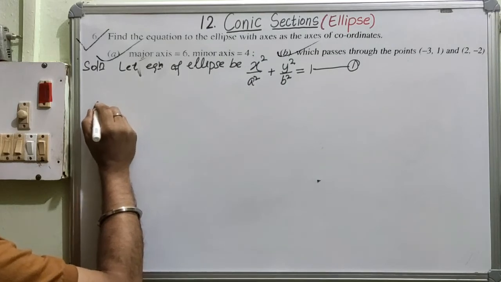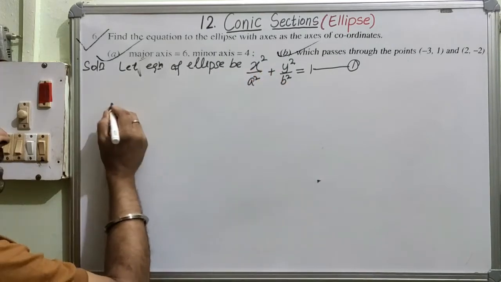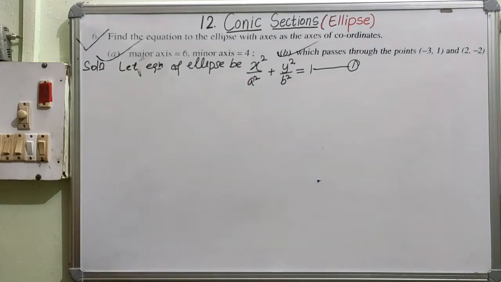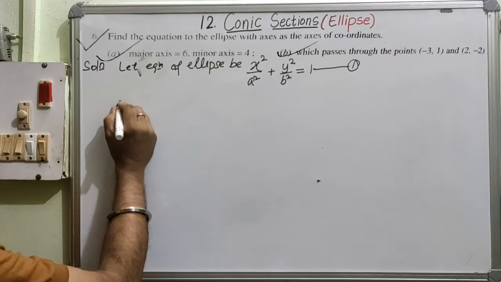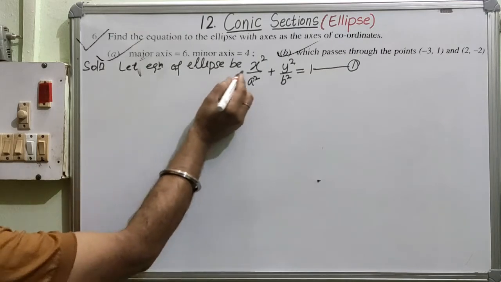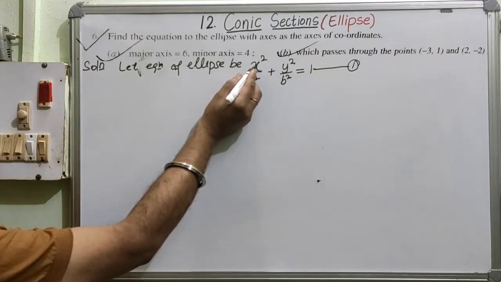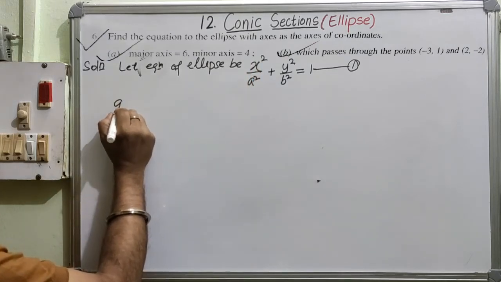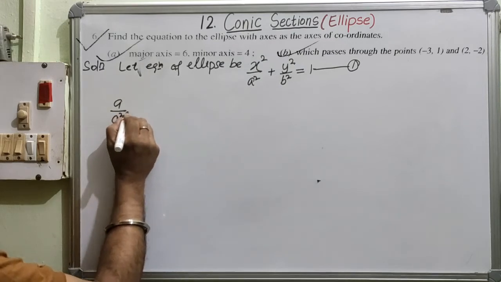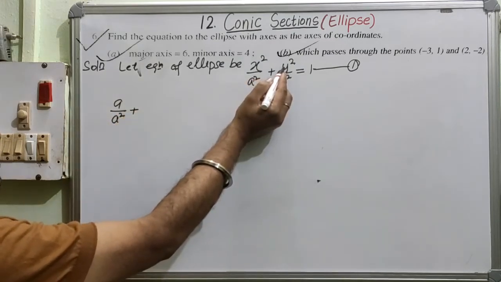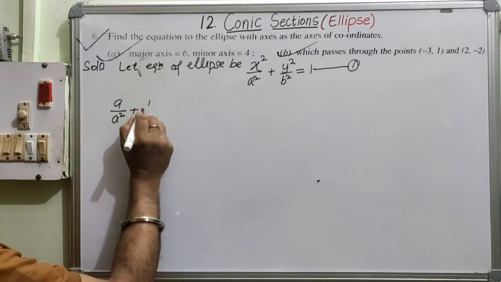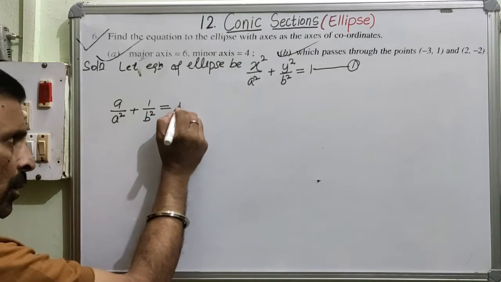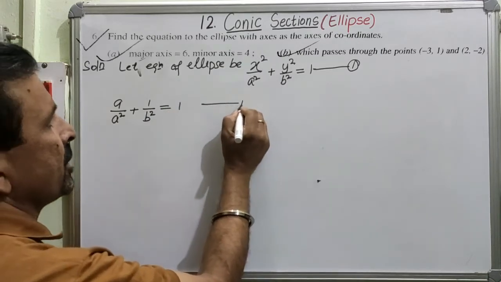So we put the value of x as negative 3 and y as 1. When you square negative 3, it becomes positive, so this becomes 9 over a square. Now y is 1, so y square means 1 square, so this is 1 over b square, equal to 1. This we can name as equation number 2.